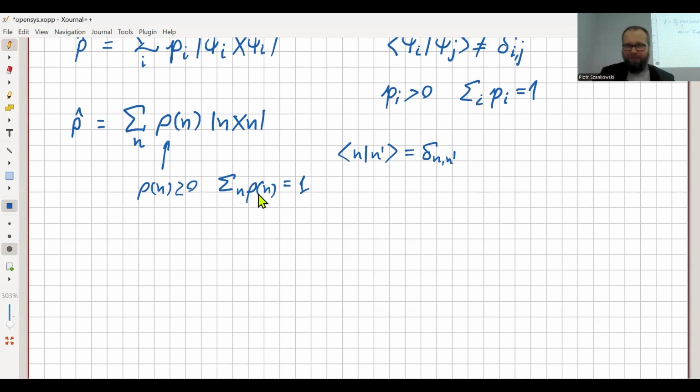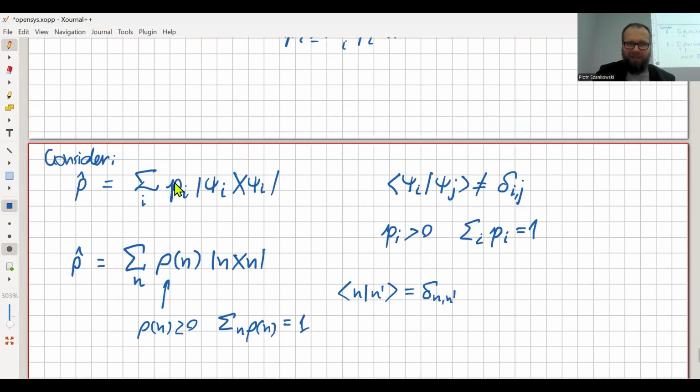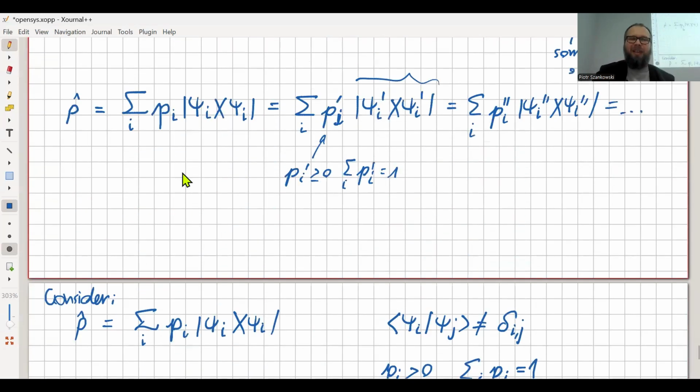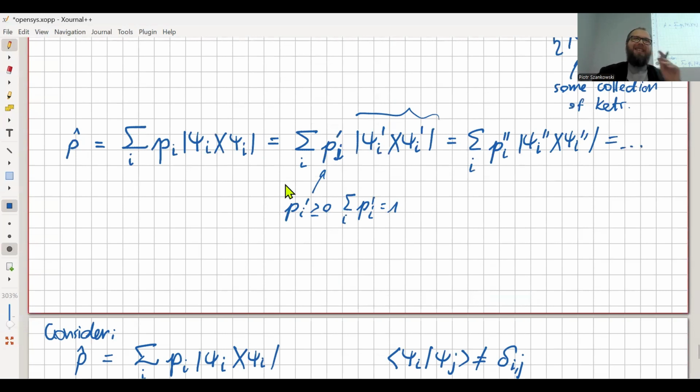Because those weights here, those p primes, are like probability distributions, right? Because they are non-negative and they sum up to 1. So it's tempting to assign to a mixed state some probabilistic interpretation.